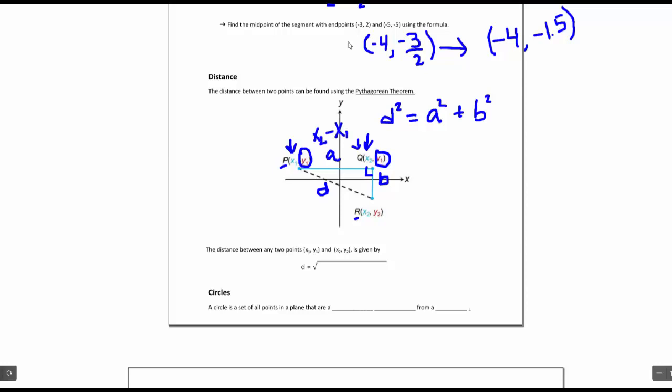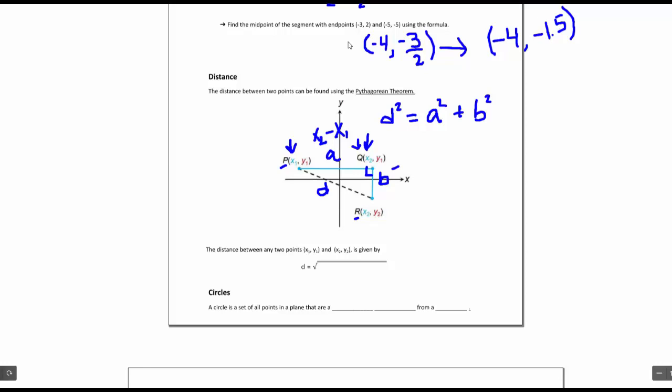And then for the distance over here, let me erase my blue circle and neaten this up a little bit. If we want to know this distance between points Q and R, notice the x's are the same because we're the same distance away from the y-axis, so the distance we want here is found by subtracting the y's.